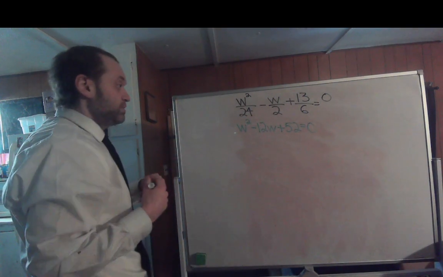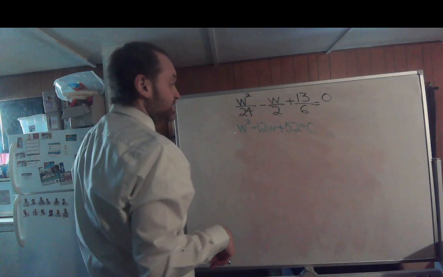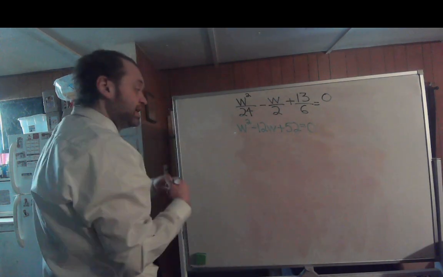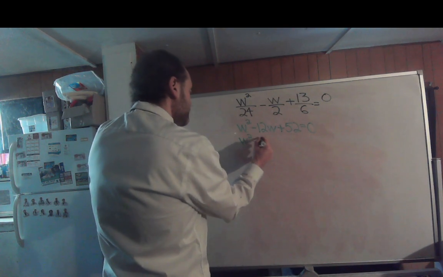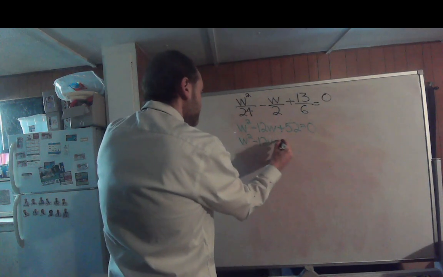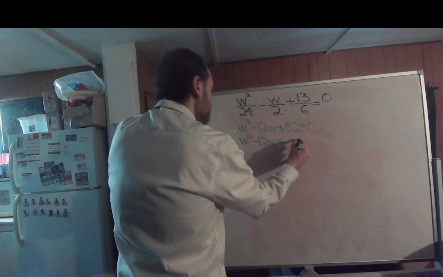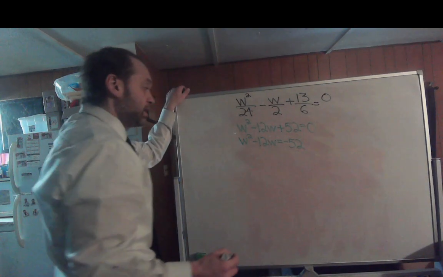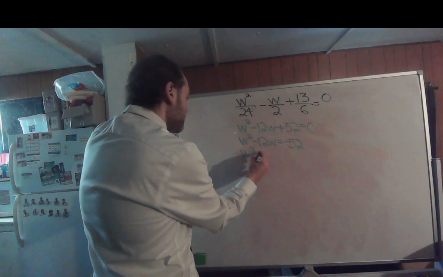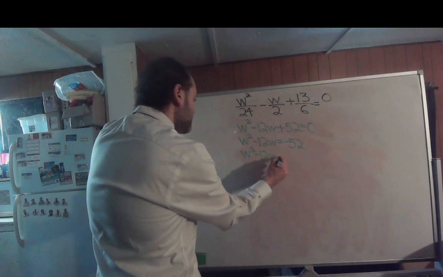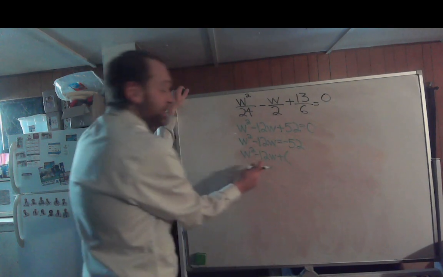Okay, let's continue then. Next thing we got to do is get rid of the constant term out of the left. So subtract 52 from both sides. You get W squared minus 12W is equal to negative 52. Now we can complete the square. So you have W squared minus 12W plus what is half of negative 12?